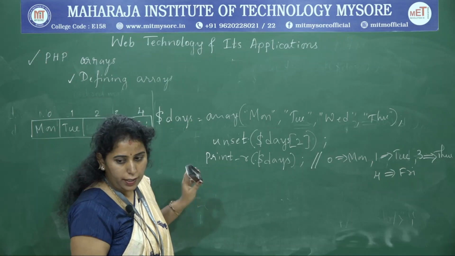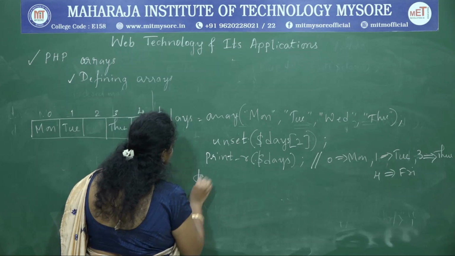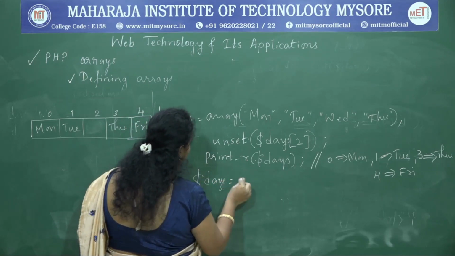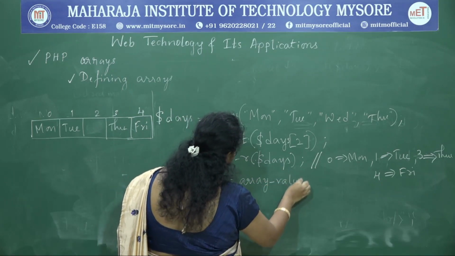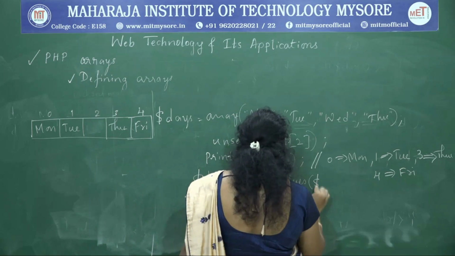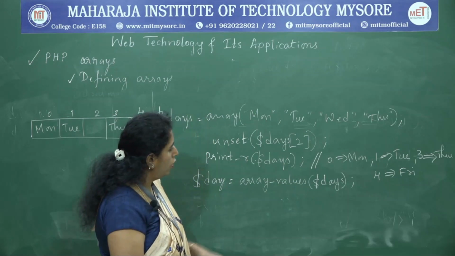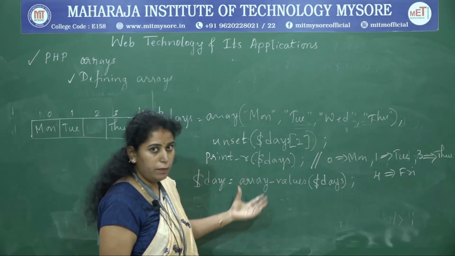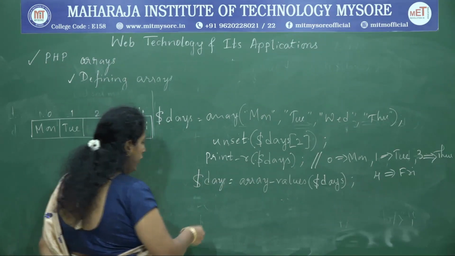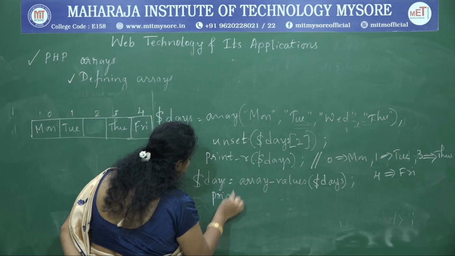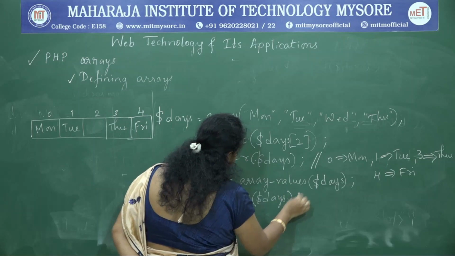Now if I call it with respect to values, that is $days equals array_values, in the sense that when you use array_values it only concentrates on the values of an array, not the keys. Now let me call print_r to print the content of the array.